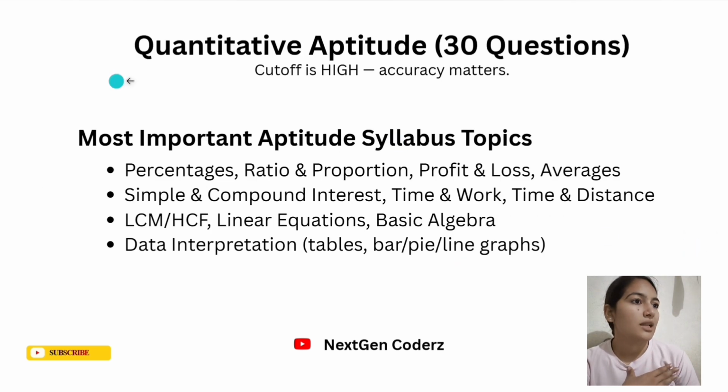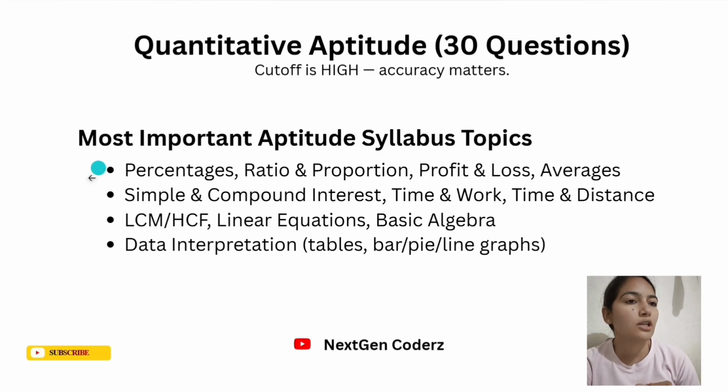Okay, let's understand quantitative aptitude. There will be 30 questions, and the cutoff will matter. You have to cross a cutoff for every section, and the cutoff is going to be high because you have to solve 30 questions in 30 minutes, meaning 1 minute for each question, so your accuracy will matter.